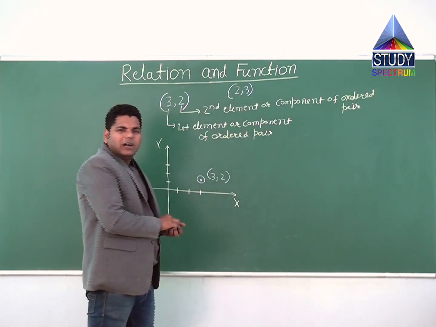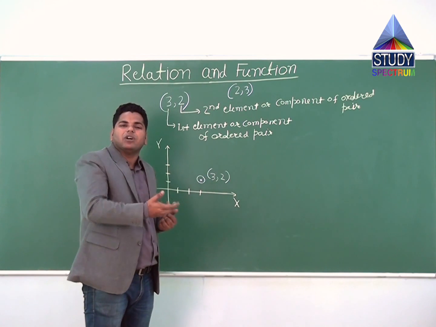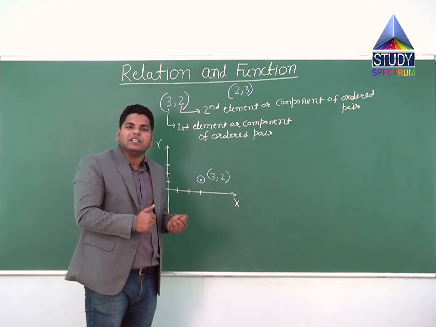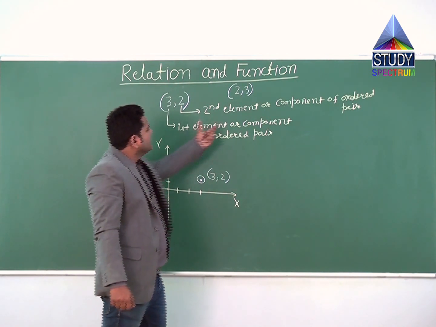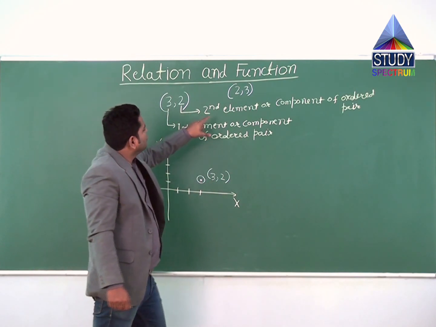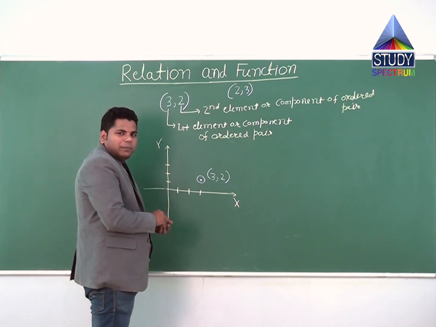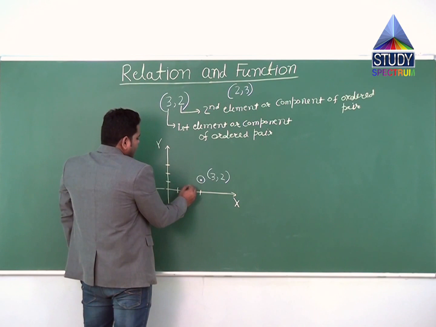Now let us understand why we are getting a different ordered pair when we change the first and second component. If you represent (2, 3), it can be shown in the xy plane like this: in x 2 units, in y 3 units.